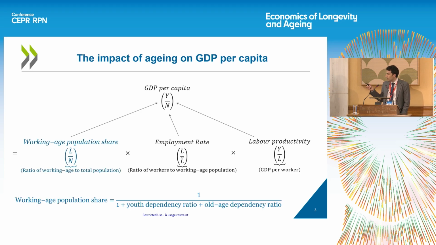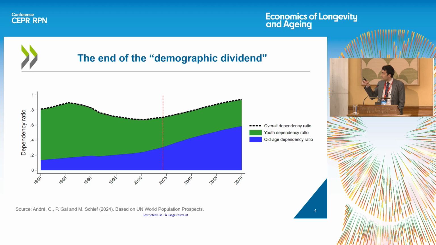The first thing to note is that the working age population share does not depend only on the old age dependency ratio. In fact, the working age population share is inversely related to the sum of the youth dependency ratio and the old age dependency ratio. If we look at how these two dependency ratios have evolved over time in the OECD as a whole, we can see that the overall dependency ratio has decreased throughout much of the second half of the 20th century and into the first decade of the 21st century.